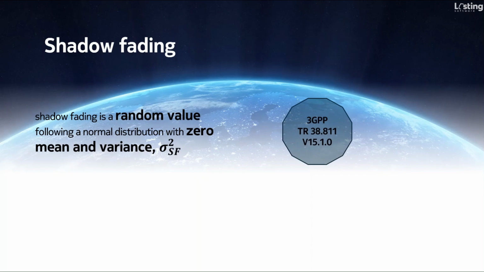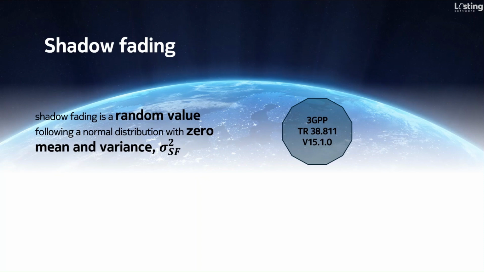You might also be asking about clutter loss. Well, clutter loss value depends on the propagation scenario, satellite elevation, and frequency band. Henceforth, only line-of-sight conditions are considered, and clutter loss can be ignored. Attenuation due to absorption in atmospheric gases depends mainly on frequency, elevation angle, altitude above sea level, and water vapor density, and can be neglected at frequencies below 10 gigahertz.